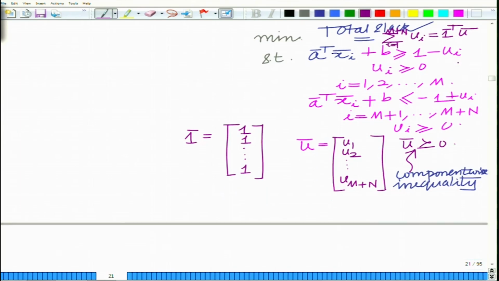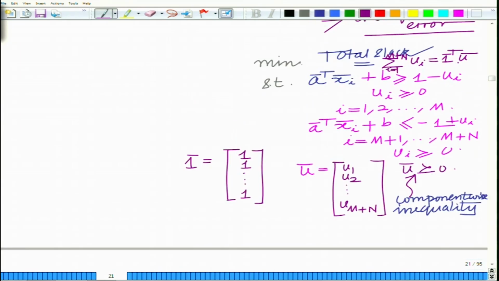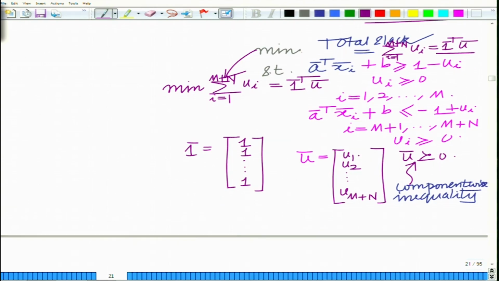So that is your objective function, minimize 1 bar transpose u bar. Let me write this again clearly: minimize summation i equal to 1 to m plus n of u_i, which is nothing but the summation of all components of the vector u bar, which can be written as minimize 1 bar transpose u bar.